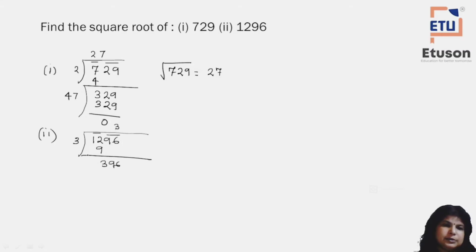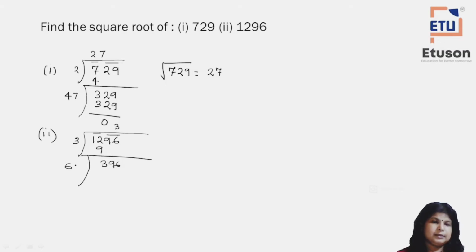This 96 will come down here. 3 into 2 is equal to 6. Now you have to choose a number which when multiplied with this new number will get either 396 or less than 396. So let us try with 6.